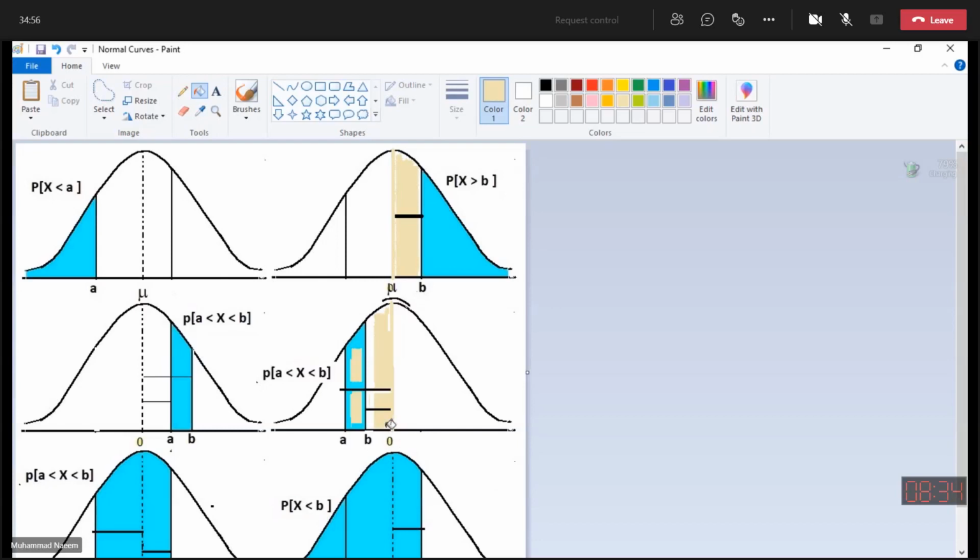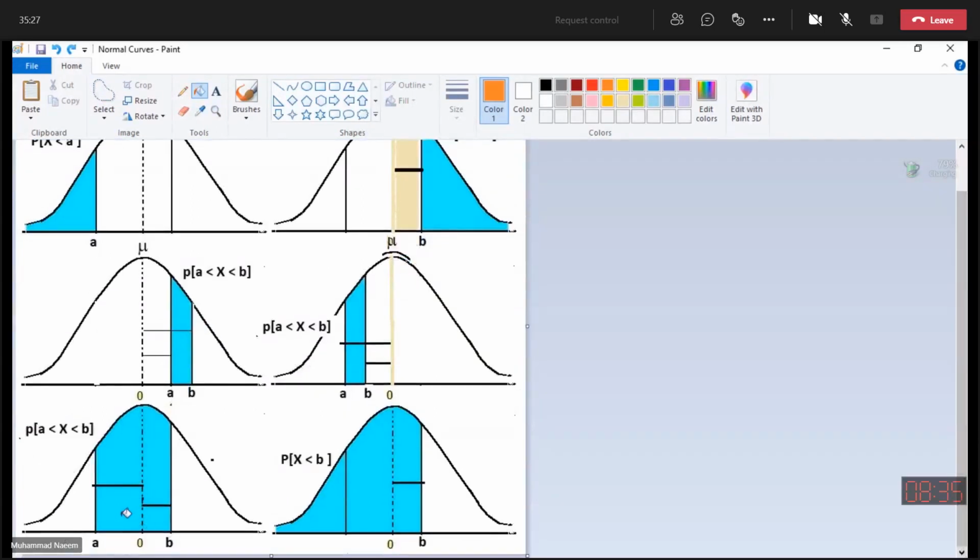For the other point, the corresponding area is this one, from center to this point. So we have two areas for these 2 points. Subtract the smaller area from the larger one. We will get this strip.